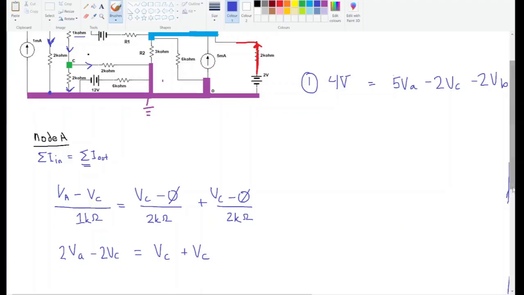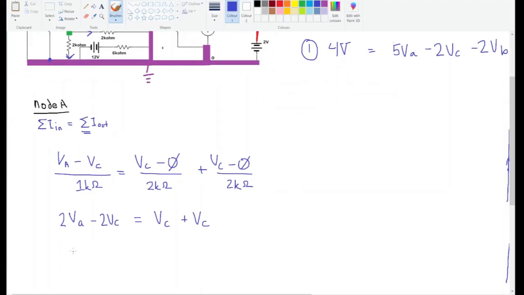And that will give us 2VA is equal to 4VC. And that'll just be VA is equal to 2VC. That's a nice equation here. Okay, so let's write that down somewhere as well. Okay, so that's our second node.